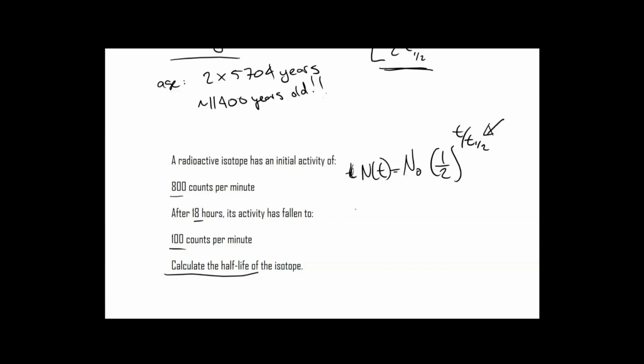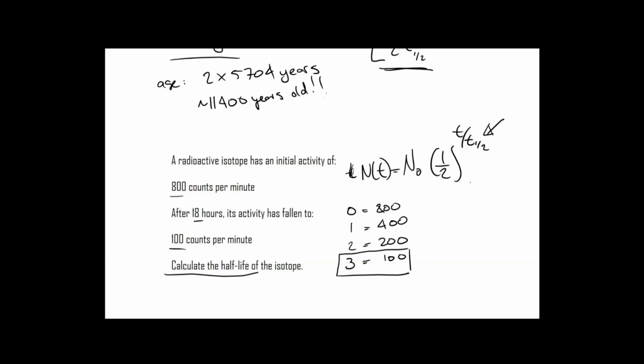So when we start off at time 0, there are 800 clicks per minute. And then after one half-life, there are going to be 400. After two half-lives, there's going to be 200. And after three half-lives, excuse me, there's going to be 100, which is what we're looking for. So we've kind of lucked out.